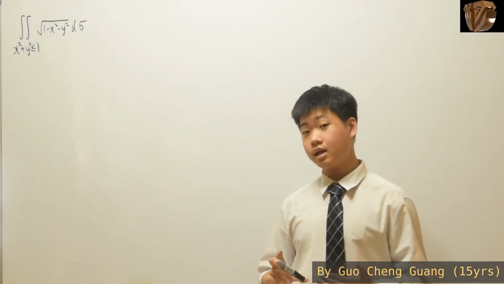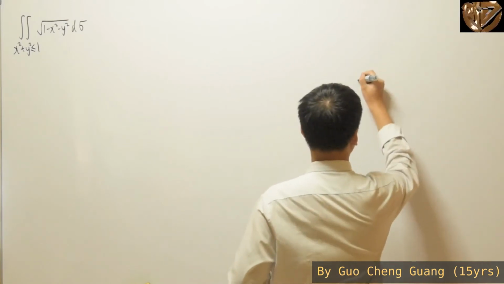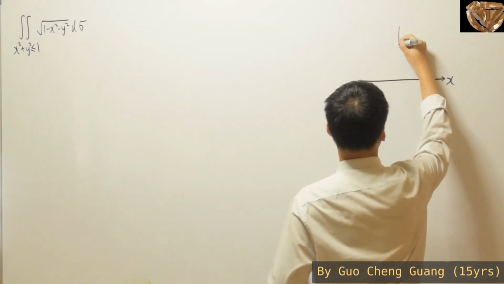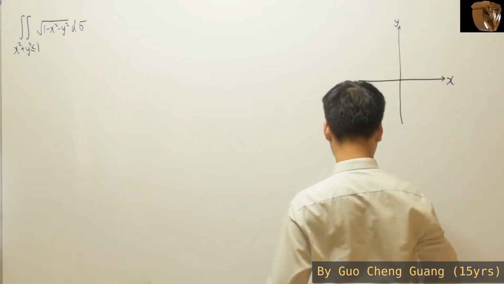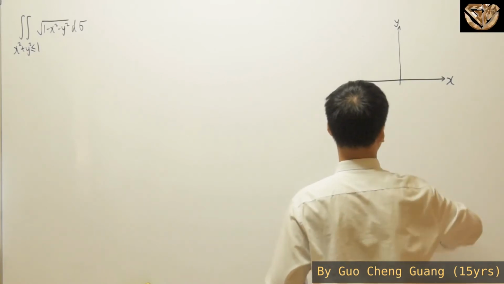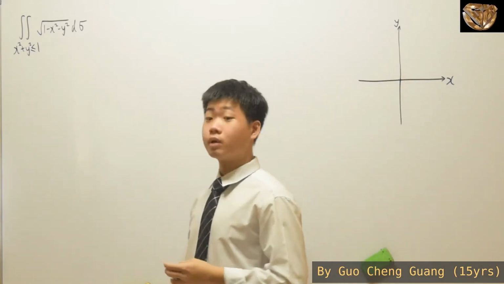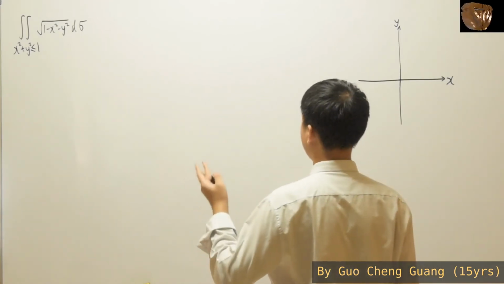Firstly, what exactly is the region we are taking a look at? So first things first, x-axis, y-axis, alright? So x-axis and y-axis. And our function is x squared plus y squared is smaller or equals to 1.